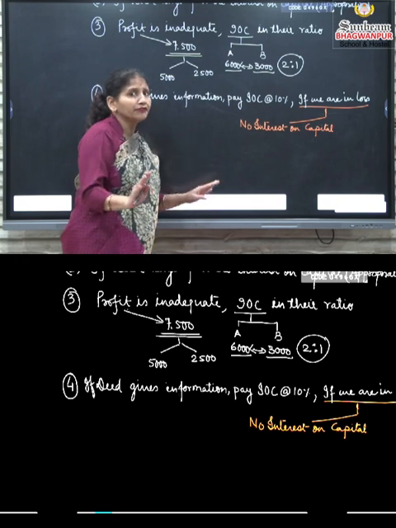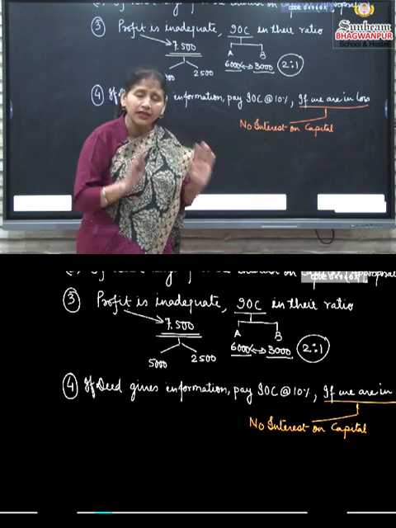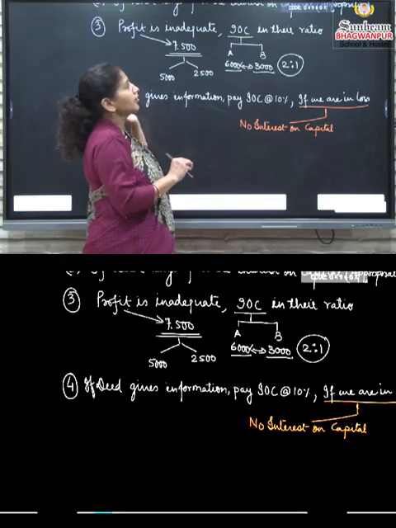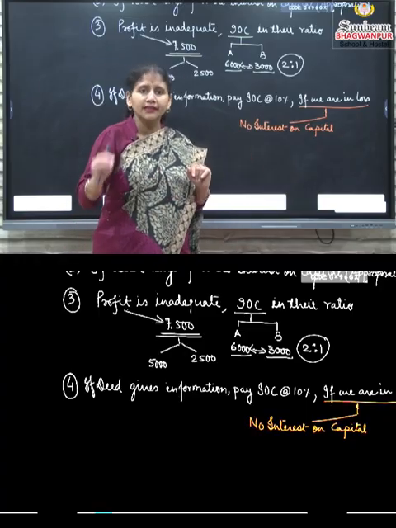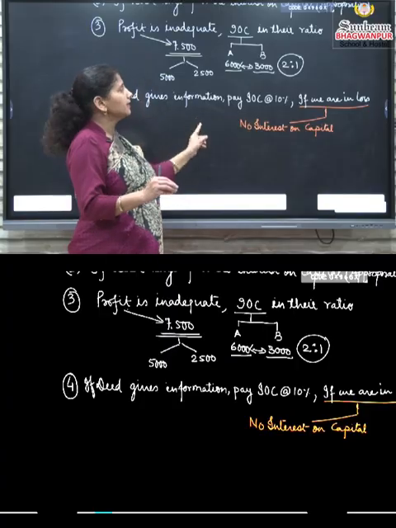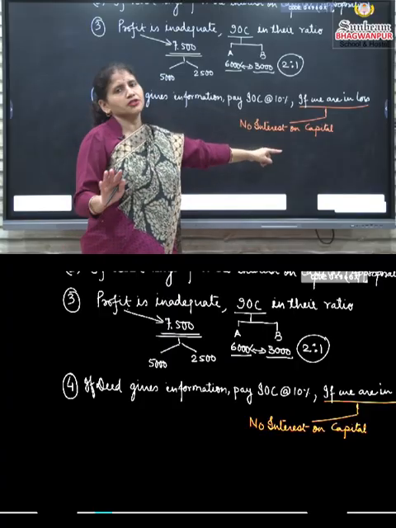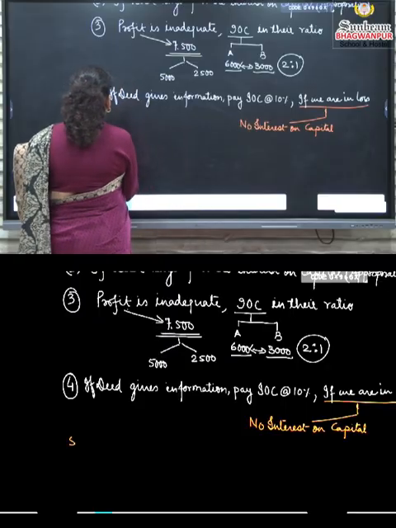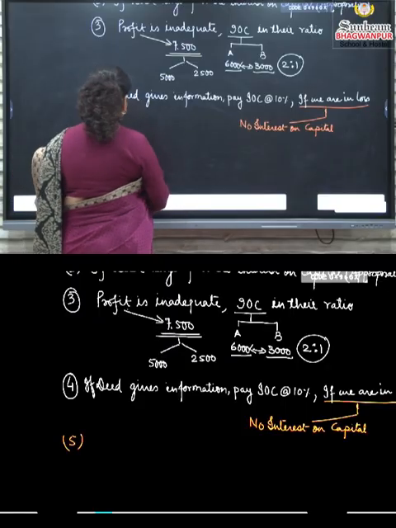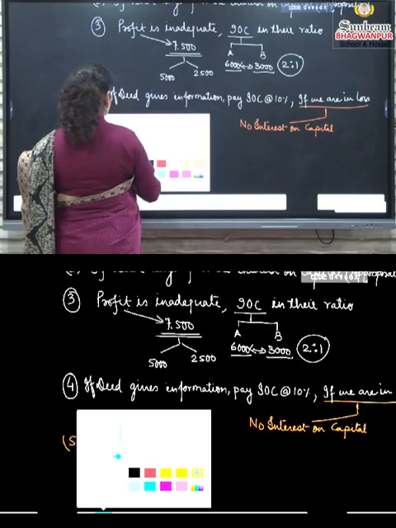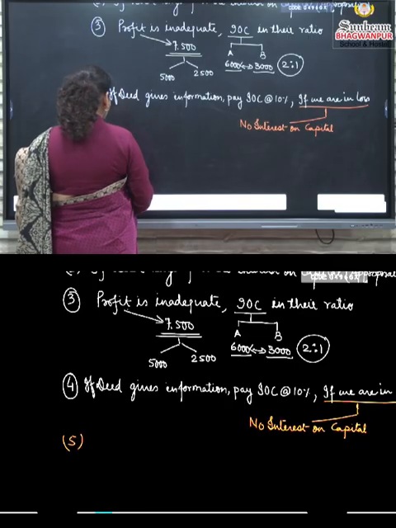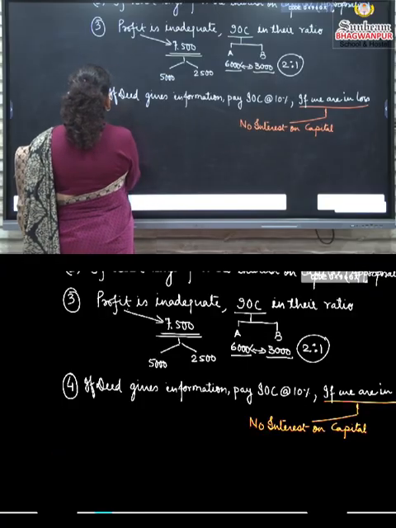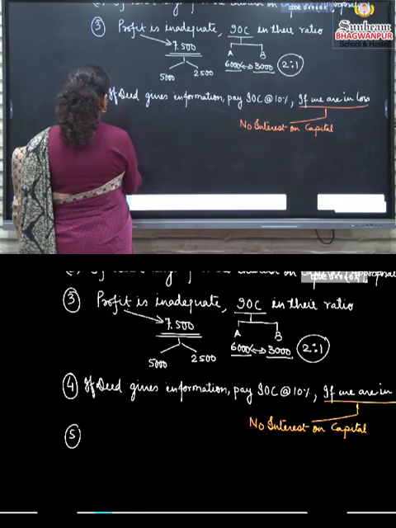If there is no information related to interest on capital in the partnership deed or in the question, then also no interest on capital. And the last case is when interest on capital is treated as a charge against profit.